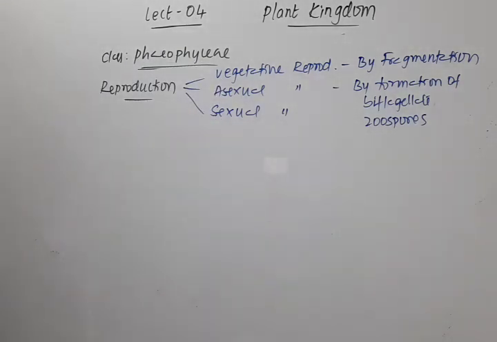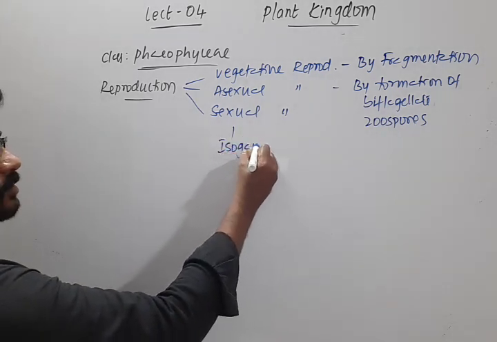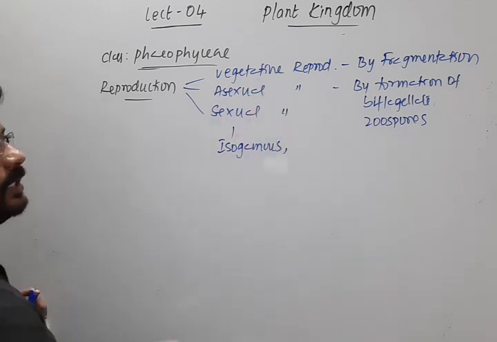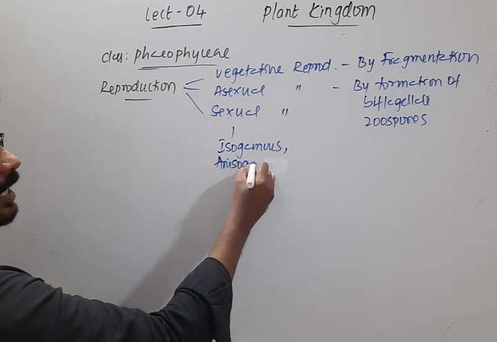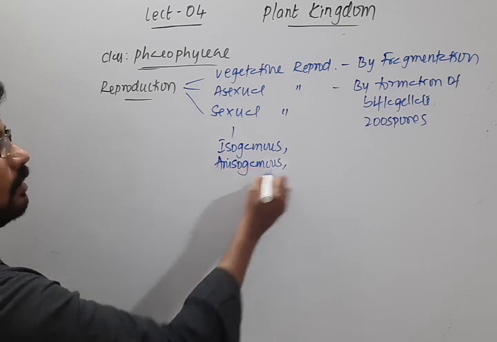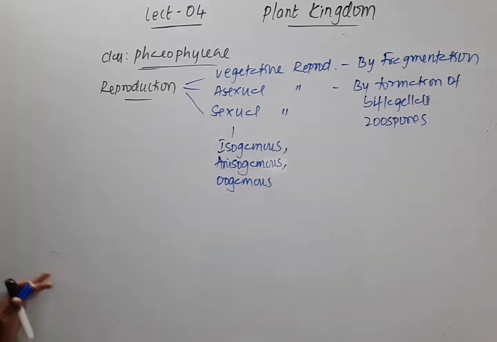Then, the sexual reproduction will be isogamous, just like we have seen in Chlorophyceae, and then it may be anisogamous or oogamous.